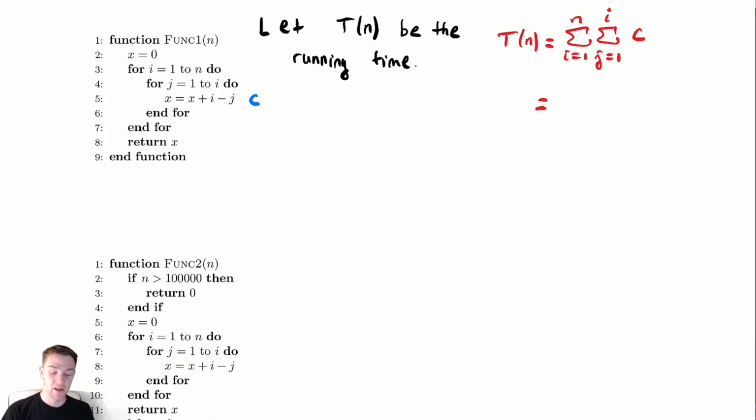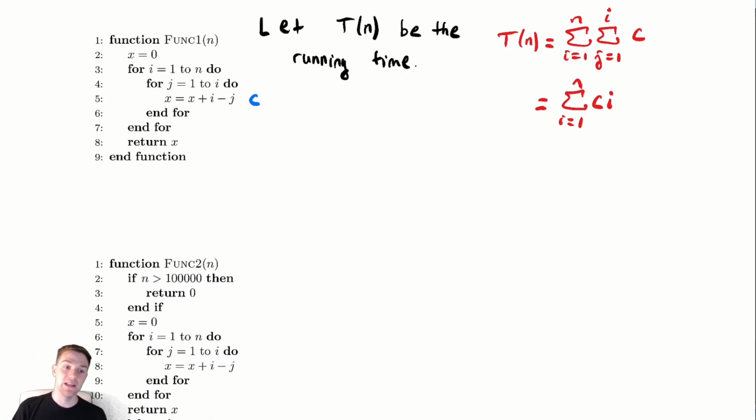The inner summation can be simplified to c times i. That's c times the top bound minus the bottom bound plus 1, because we're including both bounds.